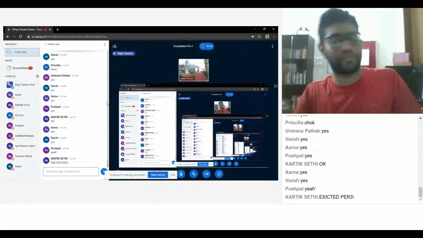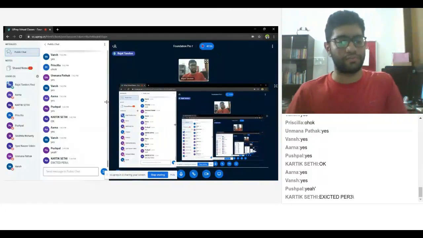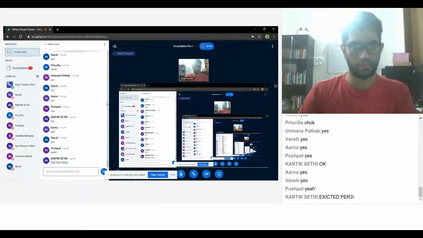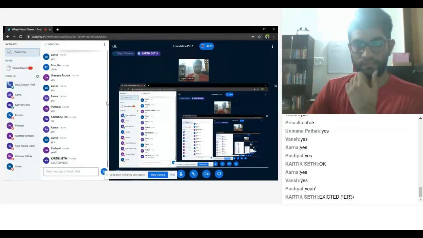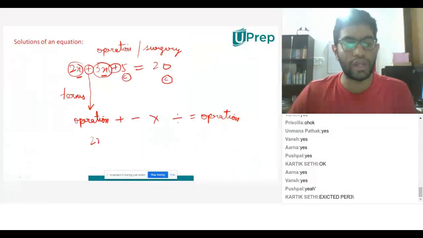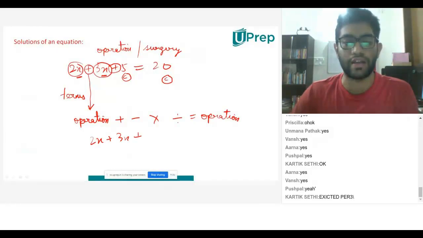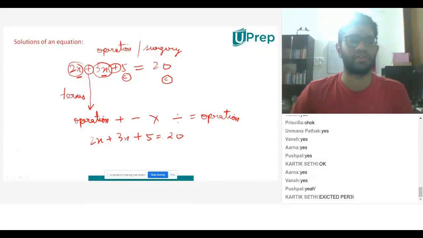Now, can you guys tell me the answer to this equation? 2x plus 3x plus 5 equal to 20. Quickly solve and give me the answer. Sir, can you repeat? 2x plus 3x plus 5 equal to 20. I just wrote something. Tell me what you guys think is the answer.